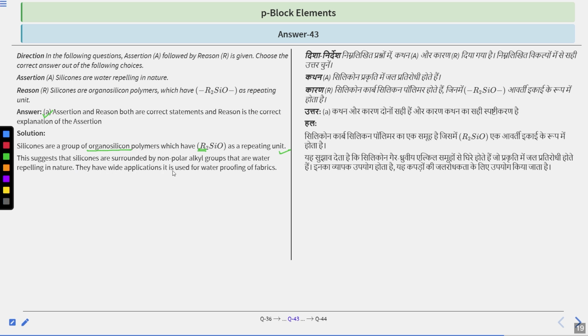They have wide applications. It is used for waterproofing of fabrics. Okay, so the assertion is also a correct statement that silicones are water repelling in nature. And thus our option A is the correct answer, that assertion and reason both are correct statements and reason is the correct explanation for the given assertion. Okay, let's move to the next question.